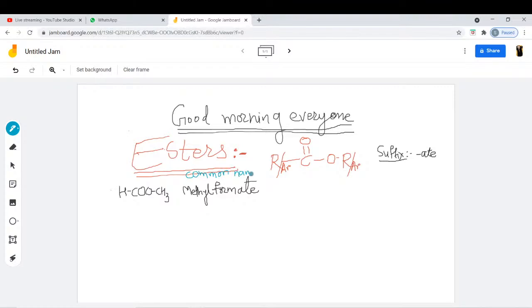Common name: methyl formate. For the IUPAC name, formic acid is also methanoic acid, so we call it methanoate.